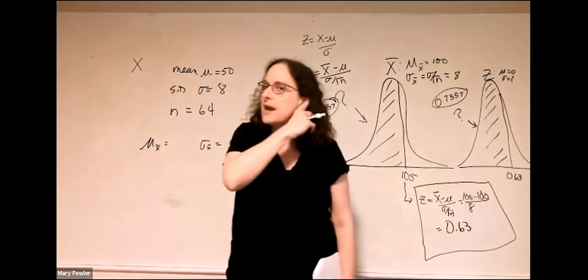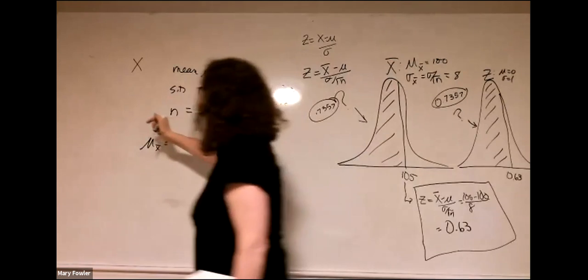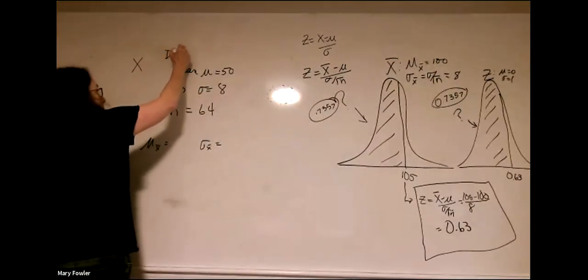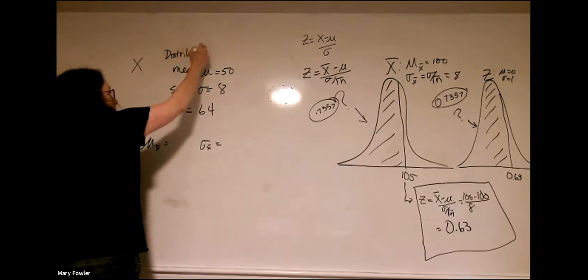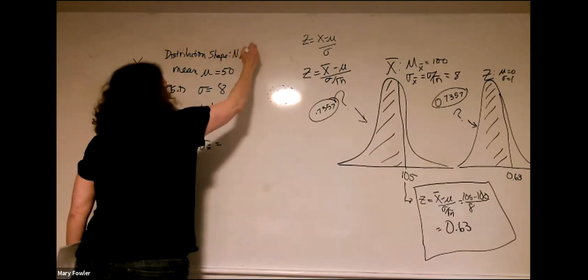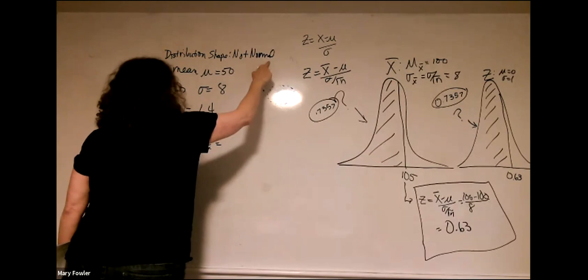So going back to the table, you have to determine what row we're on. Distribution shape is not normal.